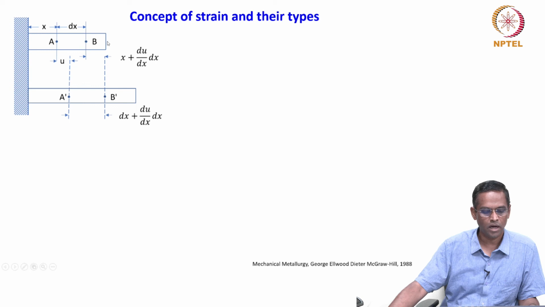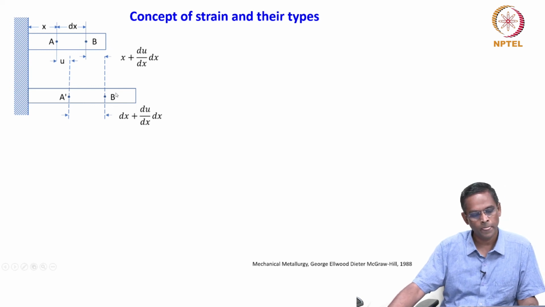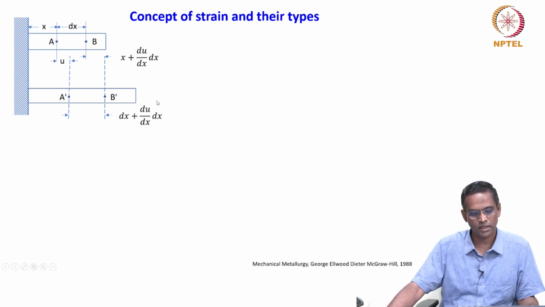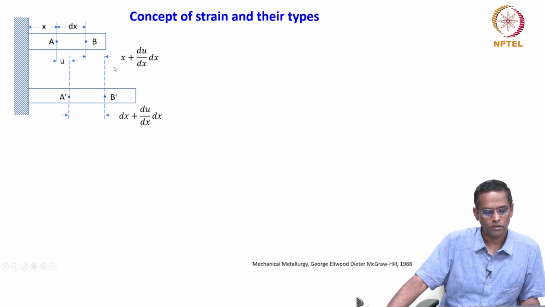So this is an undeformed member, and this bar is just pulled in this one direction, the x direction. Okay, so what we are seeing here is the displacement, right. The point A has moved from A to A dash, so that displacement is u, and point B is moved here to B dash, the displacement is u plus du by dx times dx.